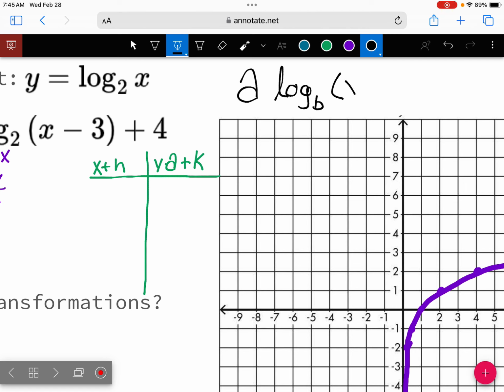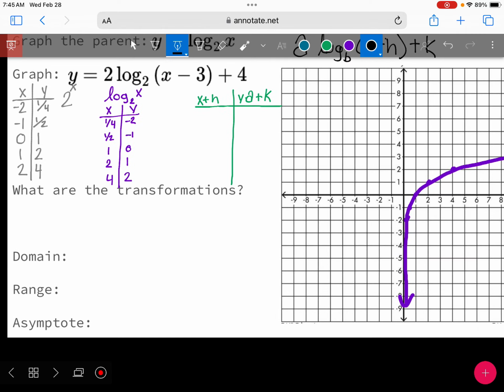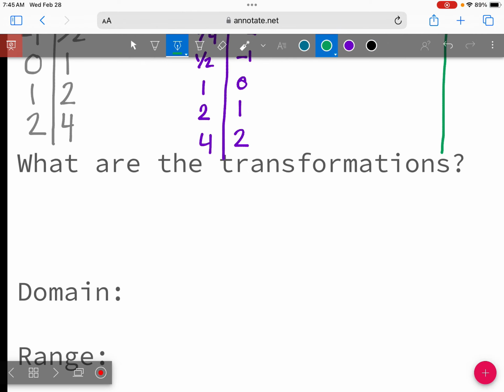Base b, x minus h plus k. So let's identify our pieces first. What is our a? 2. Which means what transformation is happening here? Is that a stretch or a compress? Stretch, because it's bigger than 1. It goes big, tall, and stretch.